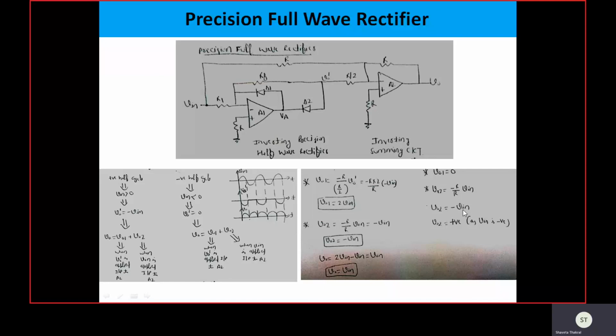But actually we are talking about negative half cycle, so V in will be negative. So V naught 2 overall considered will be positive. So we will say V naught 2 will be V in in the positive direction, and here also V naught is V in.